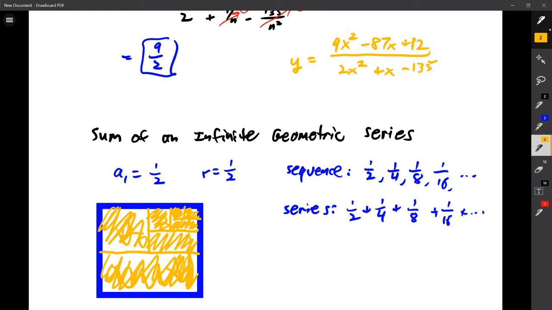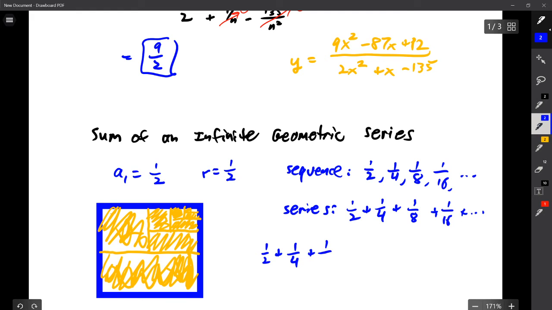We have come infinitely close to shading the entire square. And if you are infinitely close to a value, then you can, for all practical purposes, say that you are equal to that value. So in other words, we can say that 1/2 plus 1/4 plus 1/8 plus 1/16 plus, keep adding those forever, equals exactly 1. You're infinitely close to 1.